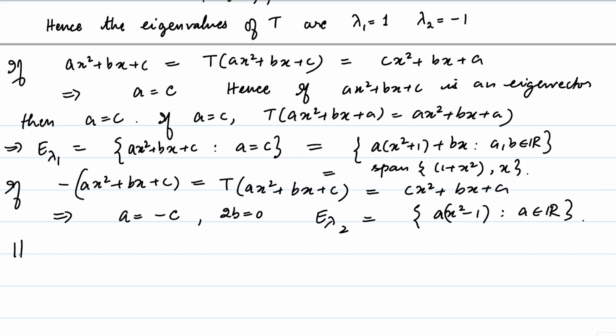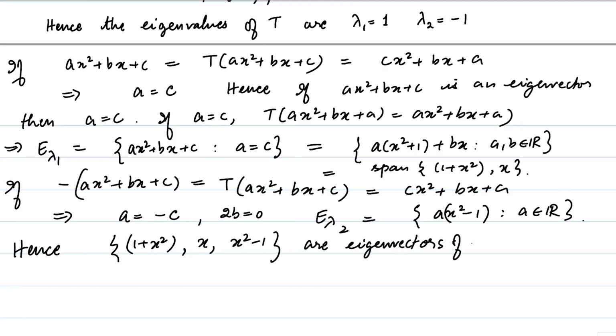So hence, we have three vectors, 1 + x², x, and x² − 1, which are eigenvectors of T. And if you go back and check, this is going to be a linearly independent set. What can we say about a linearly independent set of size 3 in a vector space of dimension 3?